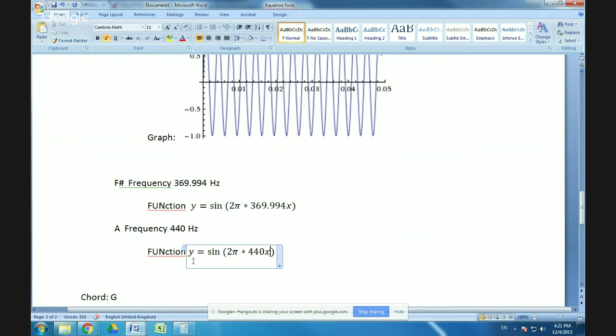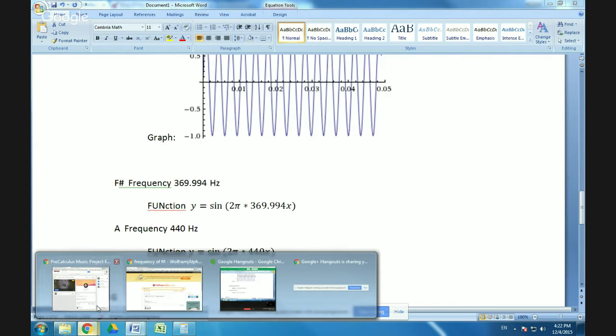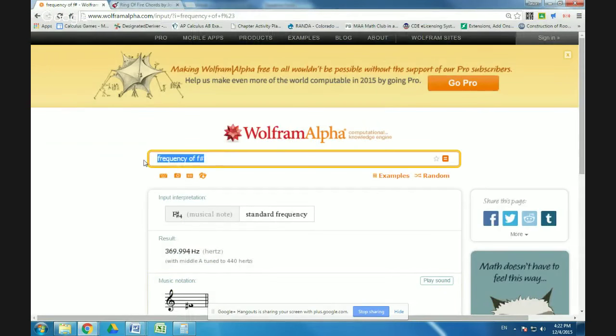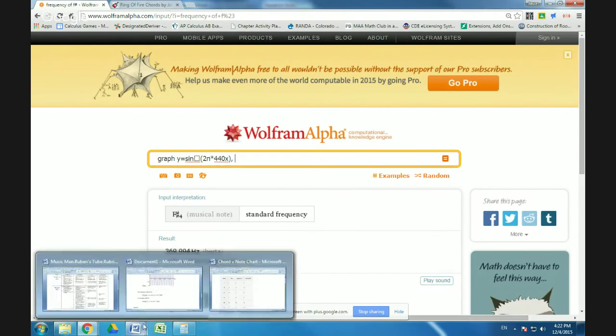I'm going to put them all in one graphing window on Wolfram, and this is where you're going to have to adjust your graphing window interval. Okay. There's one of them.